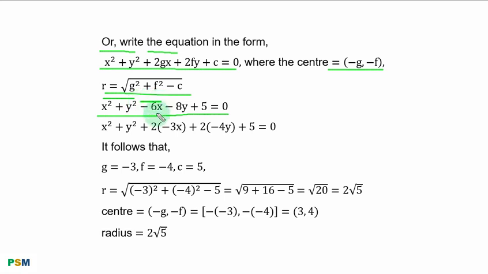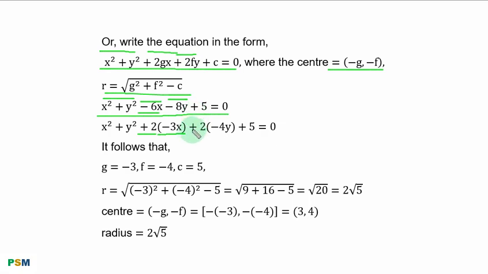You start by writing plus 2 in order to have minus 6x in return. You multiply plus 2 by minus 3x. You come here, you compare it with this term.